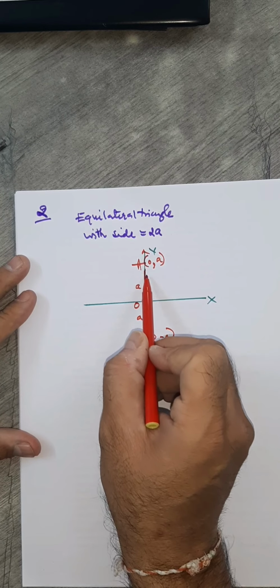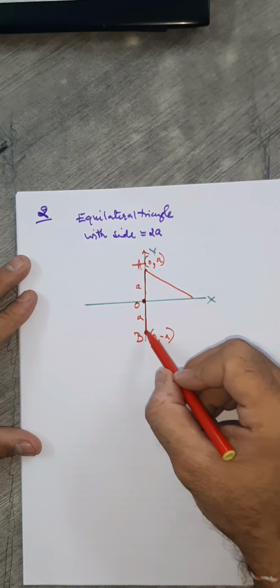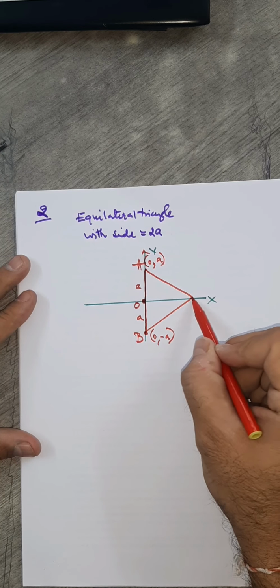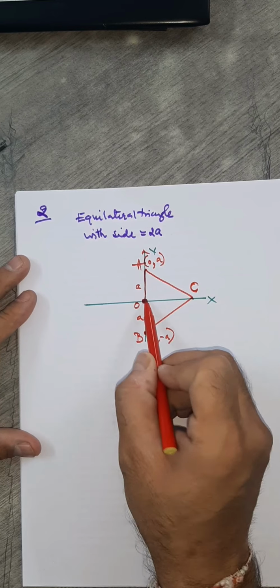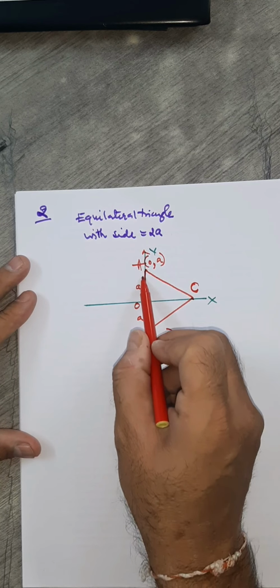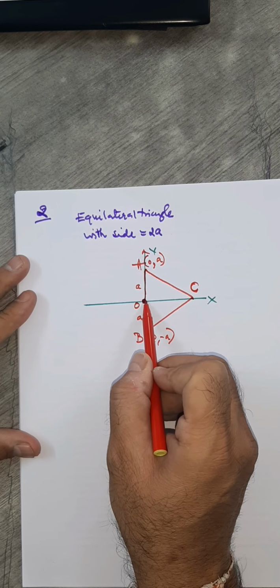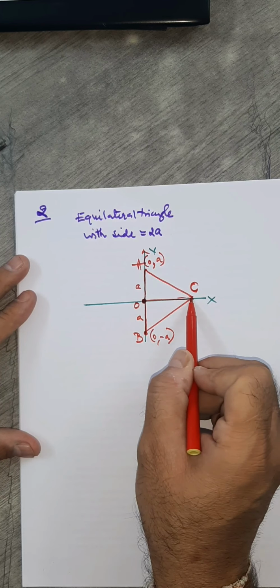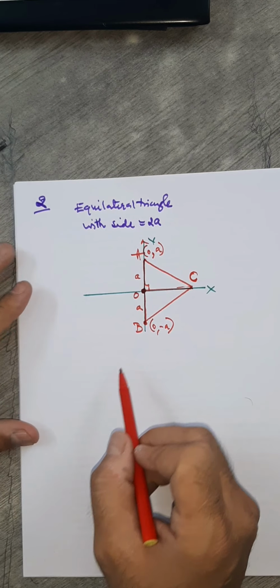Now the third vertex must be on the x-axis, somewhere here. Let me call this C. Now this being the midpoint, if you draw one line segment here, this would be perpendicular. So this becomes a right angle triangle.